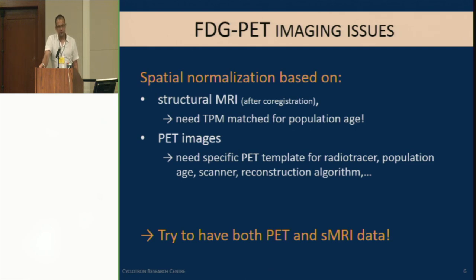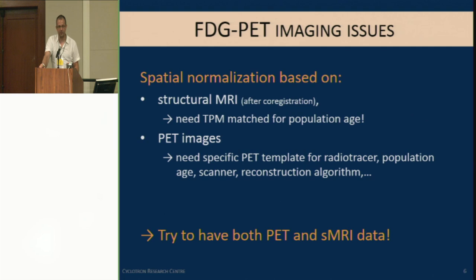Once more, if you have the structural image, it's much easier to work with the structural MRI because of the spatial resolution. One caveat, though, is that most of the templates or tissue probability maps that are distributed with packages like SPM and FSL were built from young, healthy subjects. So they're not actually matching the data we have at hand.